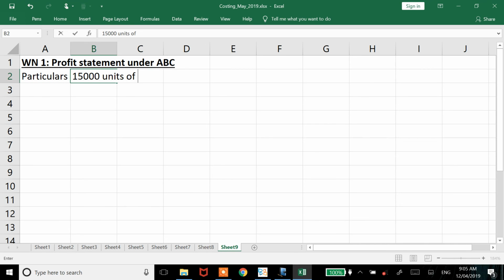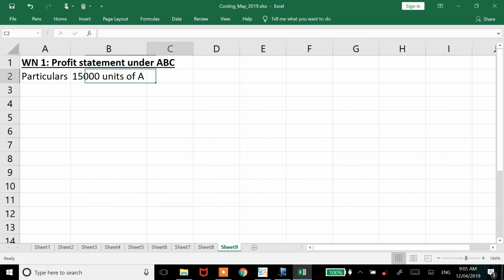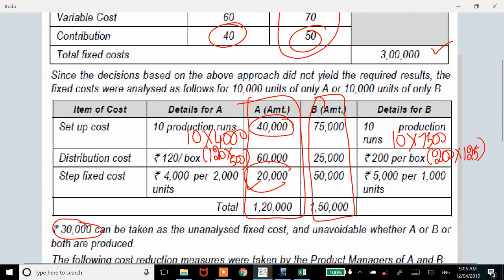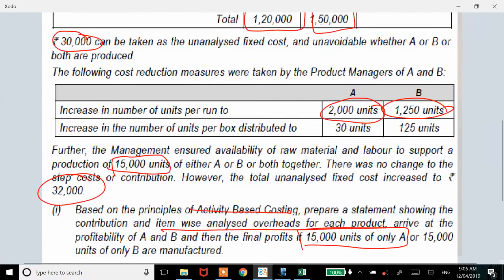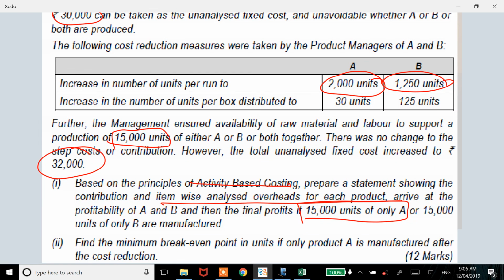15,000 units of A, 15,000 units of B. Either I manufacture 15,000 units of A or I manufacture 15,000 units of B. Arrive at the profitability of A and B and then the final profits if 15,000 units of A or 15,000 units of B are manufactured.